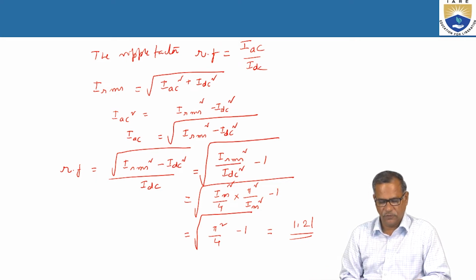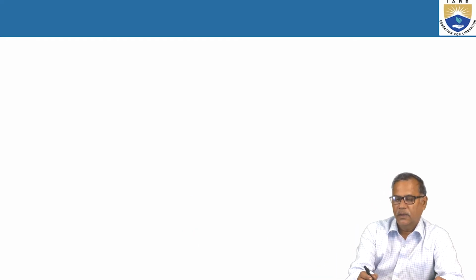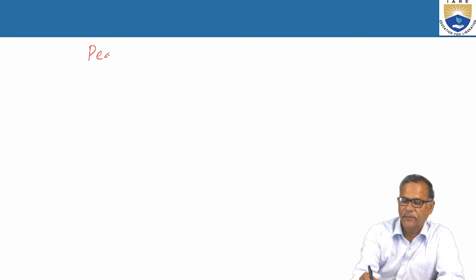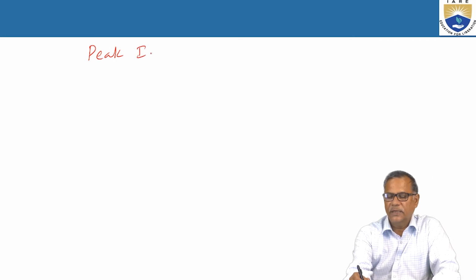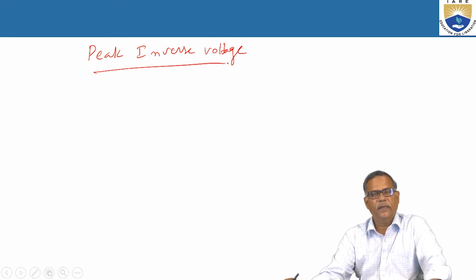Next, let us move on to the peak inverse voltage. The peak inverse voltage is the maximum voltage which appears across the diode during operation. This is a very important parameter. When you choose any diode in the half-wave rectifier, we have to take the PIV rating of the diode.